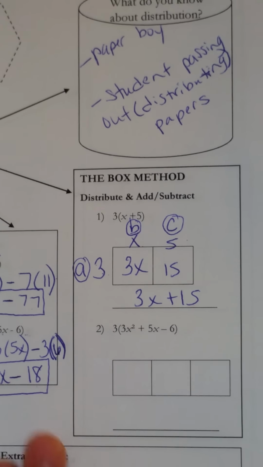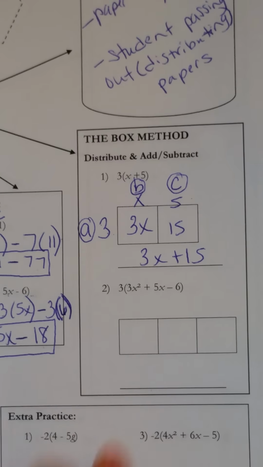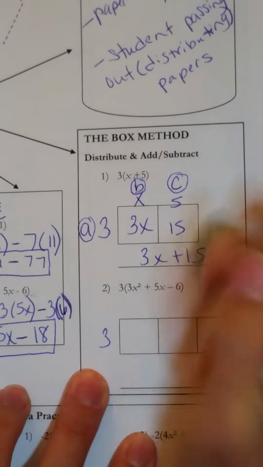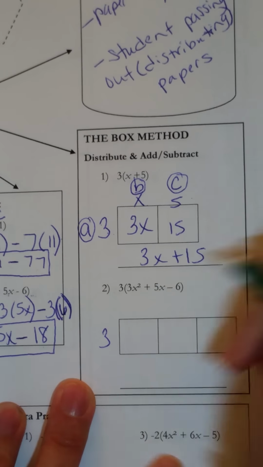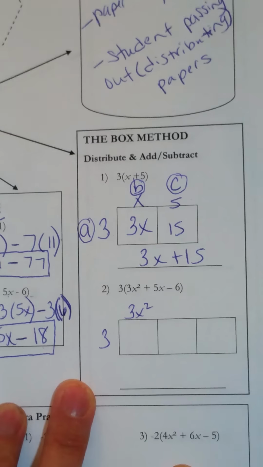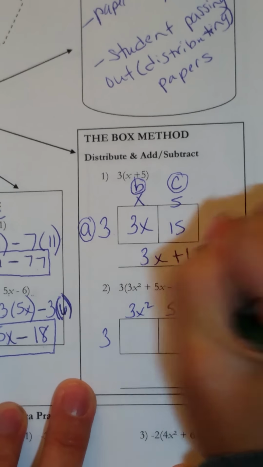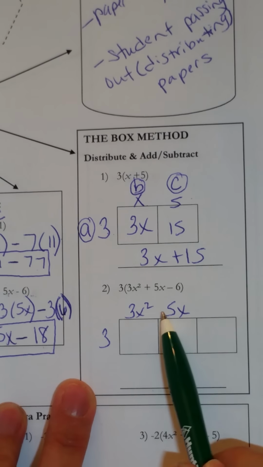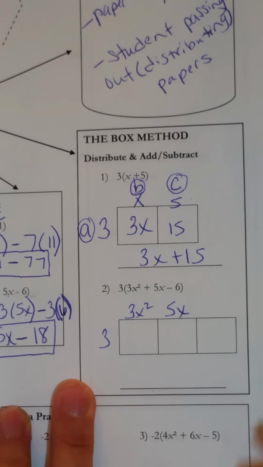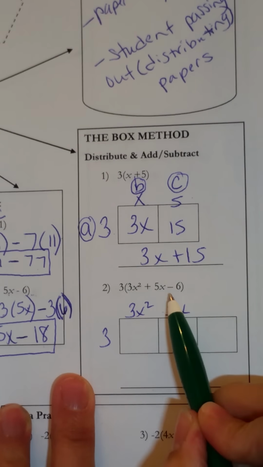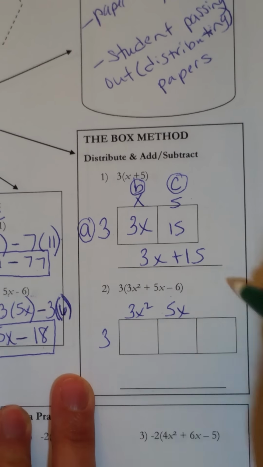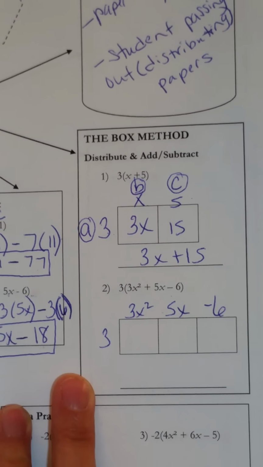And here we go on to number 2. It's the exact same thing, guys. So A is always going to go out here. So then you have your 3x squared, your 5x. Now notice how I'm not writing any signs here. They are positive, so you don't need to write the plus sign. But right here, I've got minus 6. So I want to put minus 6 right there.